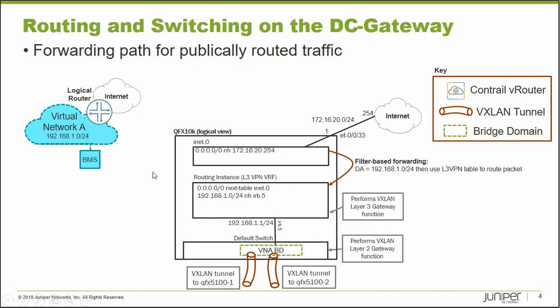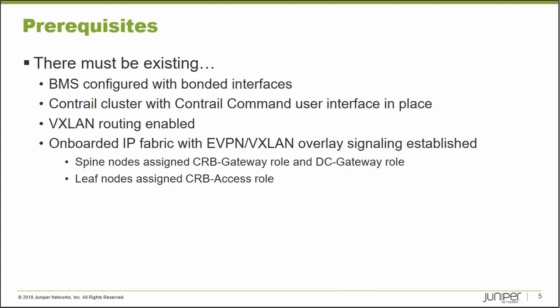Now to make this all happen, you need some prerequisites, right? So some of these things already have to be in place. We need a bare metal server configured with bonded interfaces or a LAG interface. We need a Contrail cluster with the Contrail Command user interface in place. That has to be existing.